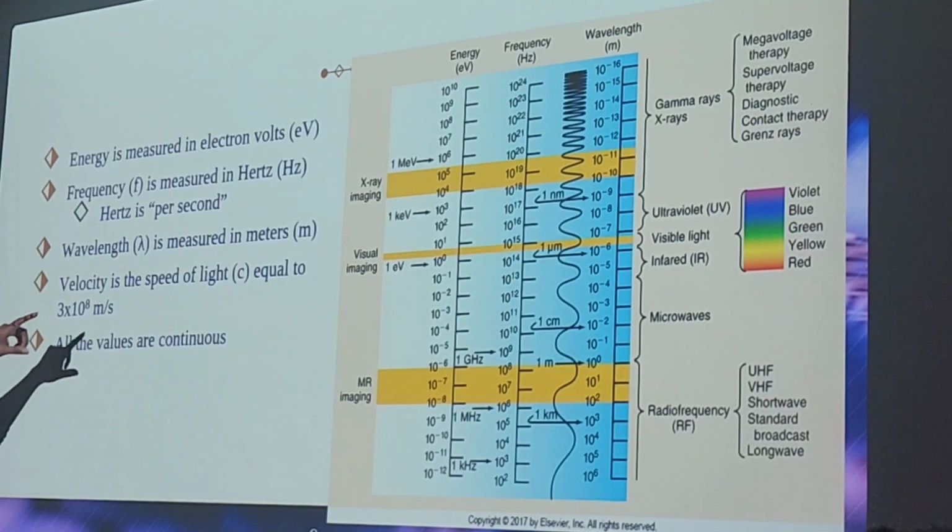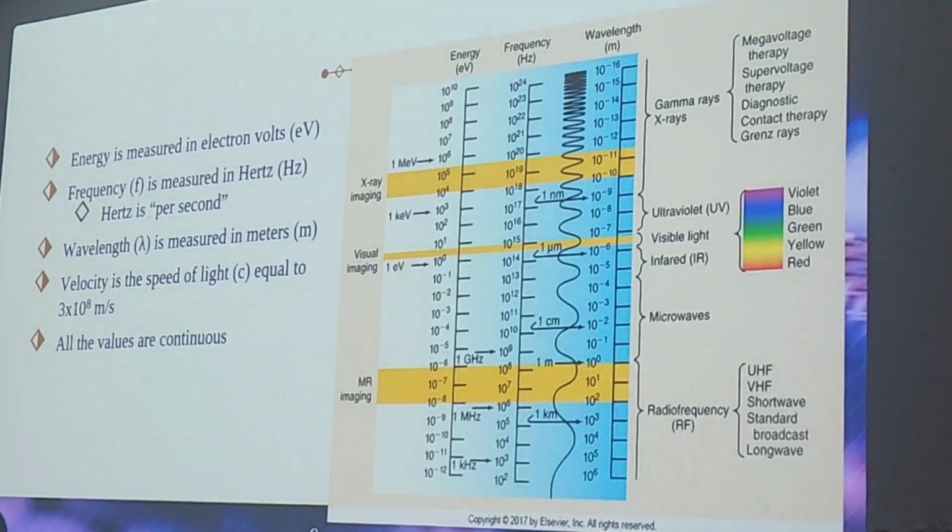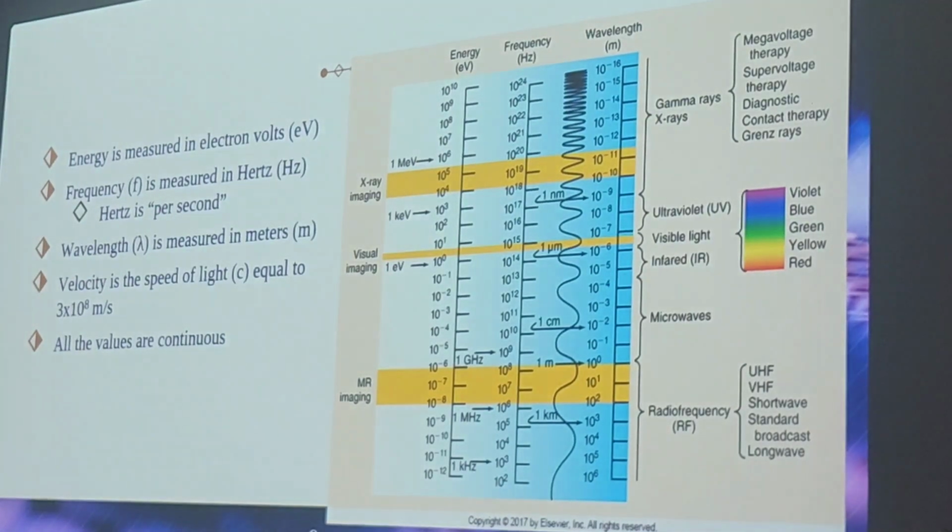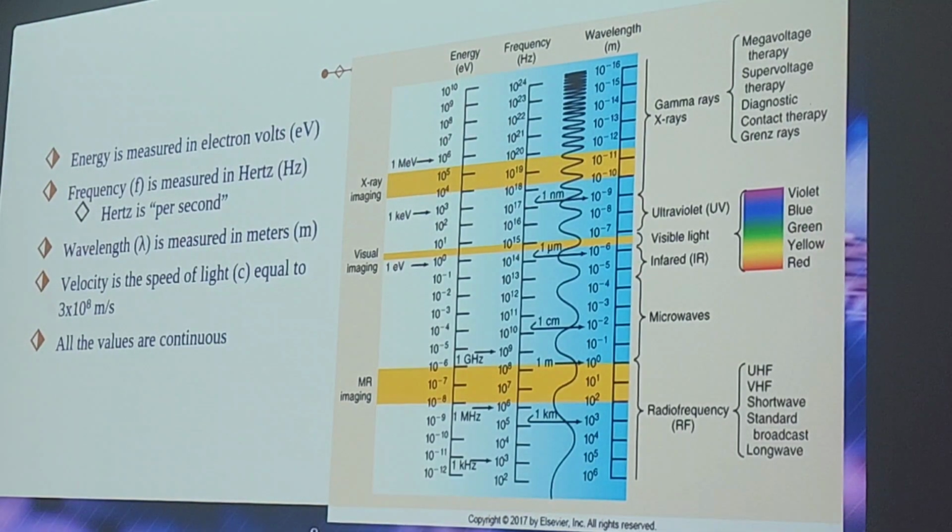And then wavelength, the symbol is kind of like an upside down Y. Wavelength is measured in meters. Velocity has a symbol of c, which is equal to the speed of light. If you take a look at the numbers, you can see that they're all continuous.